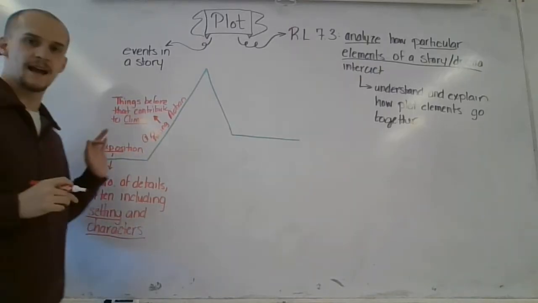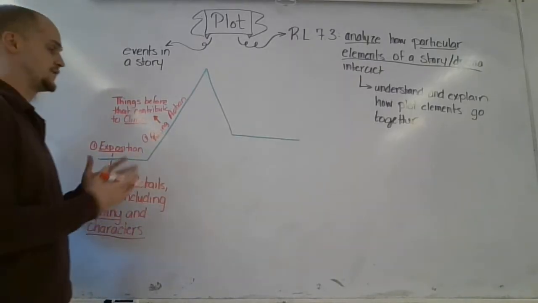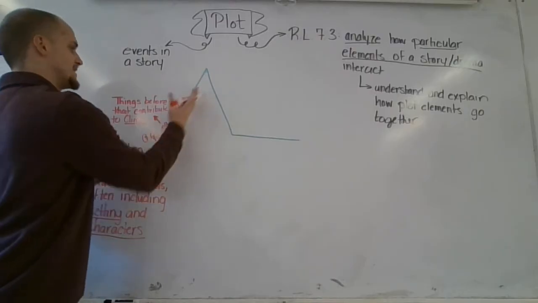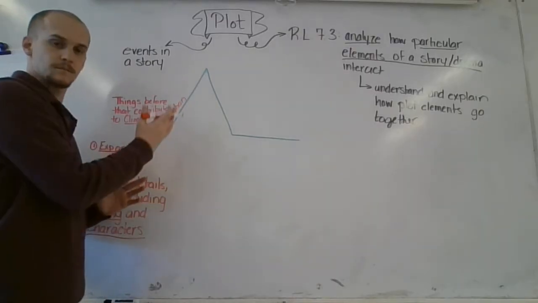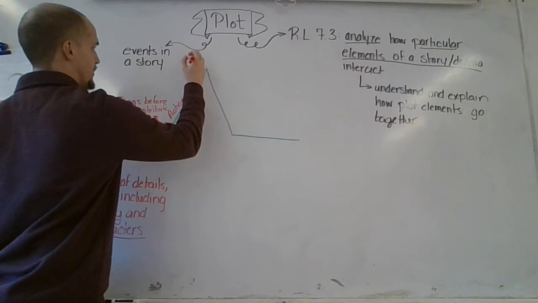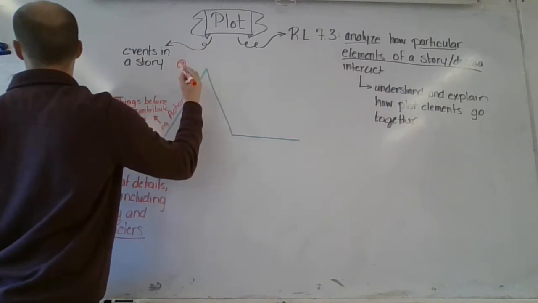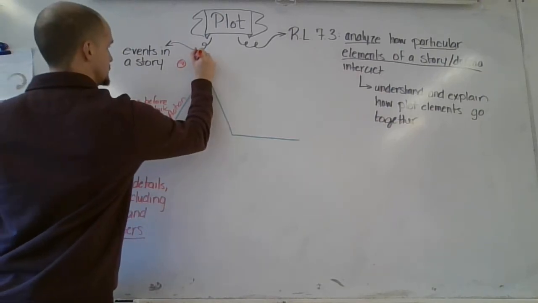Things before that contribute to the climax of your story. And so your rising action is the buildup. And that is the buildup to part three of our plot diagram, which is the climax.